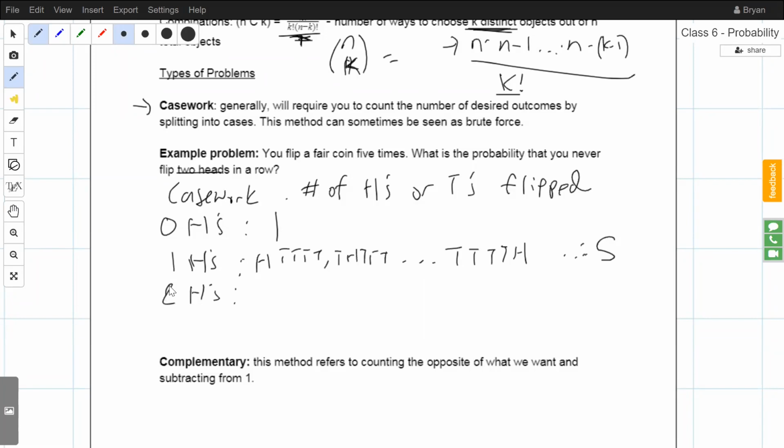We can divide this into 2 more cases to help us count it: if the very first flip is a head or a tail. If the first flip is heads, then the next one has to be tails, and we're left with 3 spots, where 1 of them is a head and 2 of them are tails. The head can be anywhere because it will never be next to the first head. There's 2 ways that this can happen.